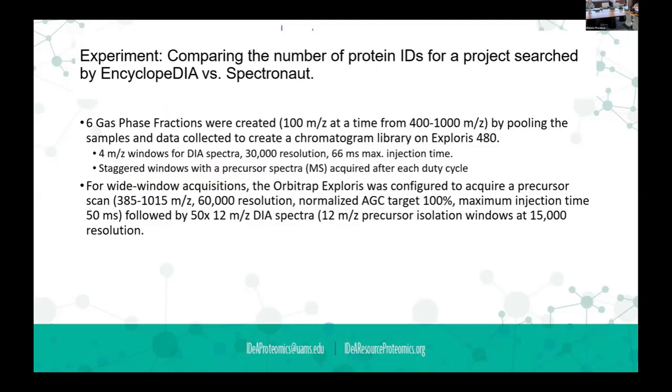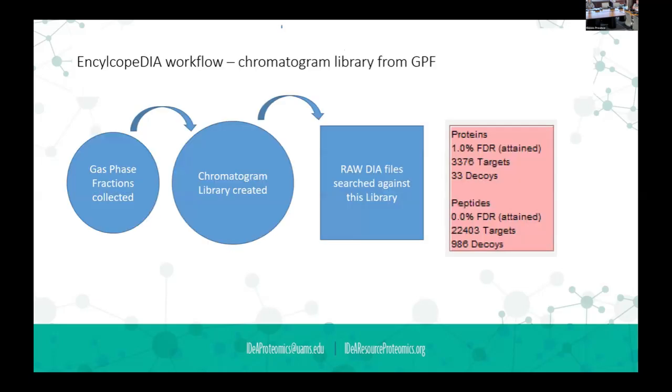This tells you gas phase fractions were collected. We did 6 of them, 100 Thompsons at a time, from 400 to 500, 500 to 600, et cetera. We would pool all of the samples and run those first. And there's the information about the conditions that were set. The EncyclopeDIA workflow looks something like this.